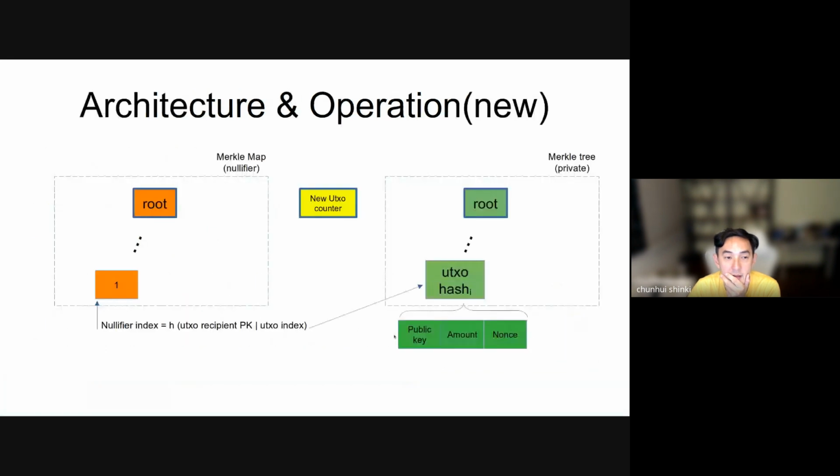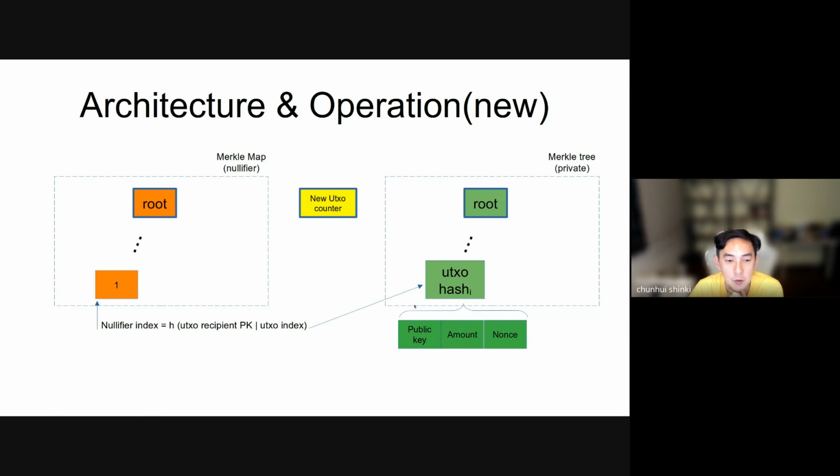So how the nullifier is used in the case of the privacy token is that we have a Merkle tree, right? Here we have the hash, the UTXOs and so on.